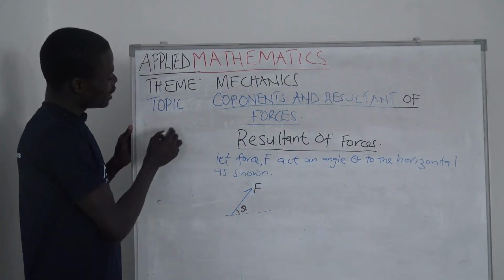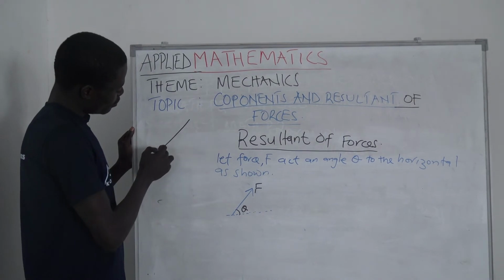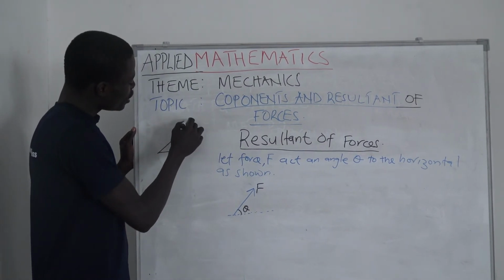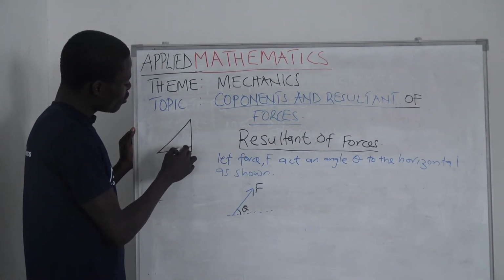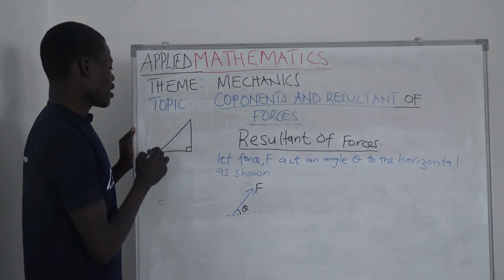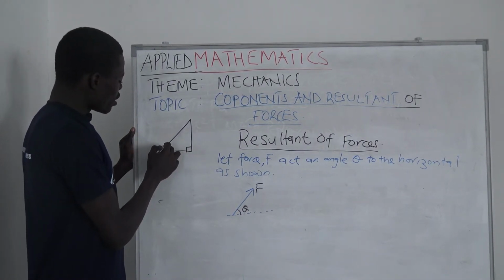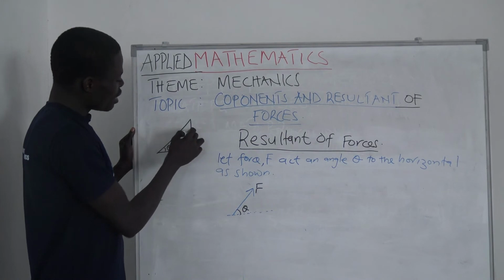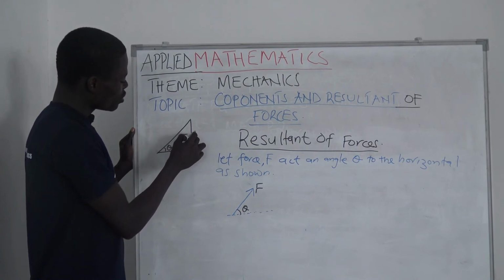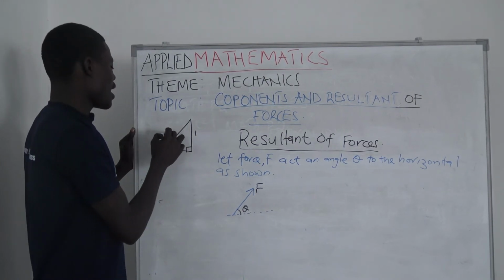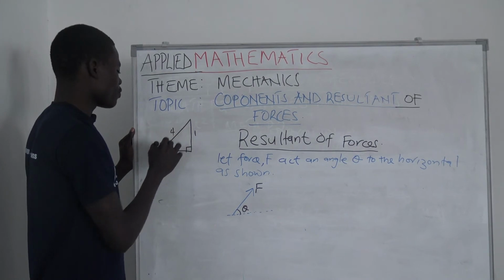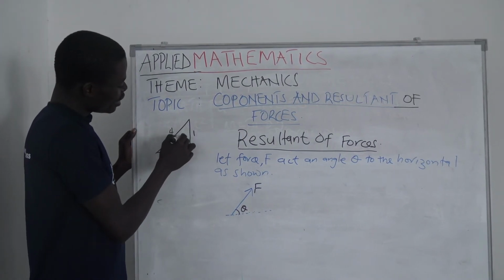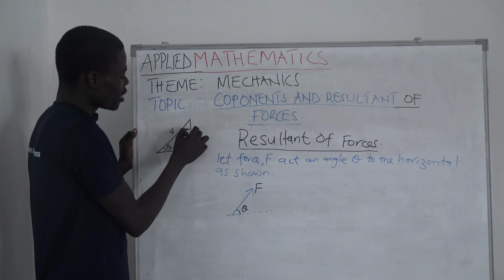If this one is a right angle, and this is our angle, maybe this side is 1 and this one becomes 4. Since the angle is here, this one is the opposite.